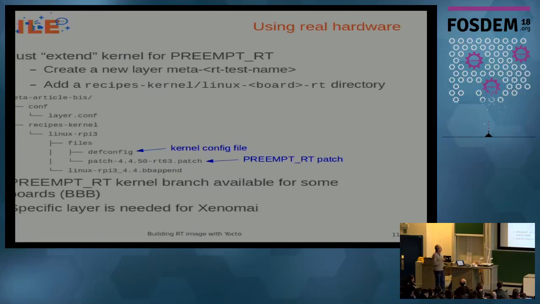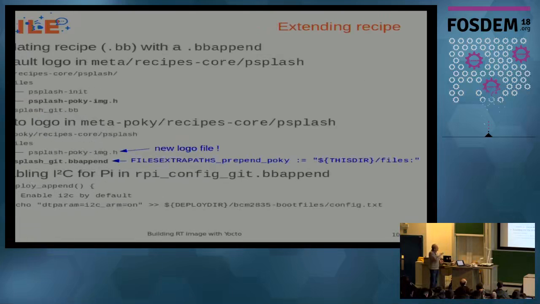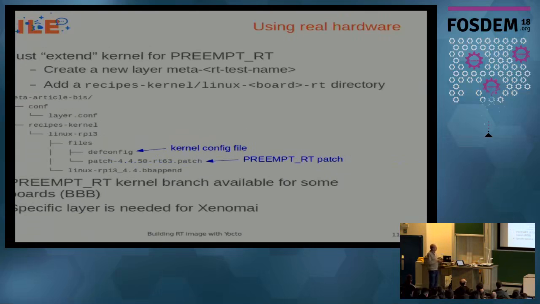You have to define, of course, the path for the patch, the configuration file, which is always a defconfig file in the standard linux-yocto kernel, and a bbappend with only lines such as this one, except the machine, because it's not dedicated to one machine. The PREEMPT_RT kernel branch is available for some boards, so you don't have to apply the patch or get the commit for the RT branch. For example, for the BeagleBone Black, there is a branch for PREEMPT_RT.